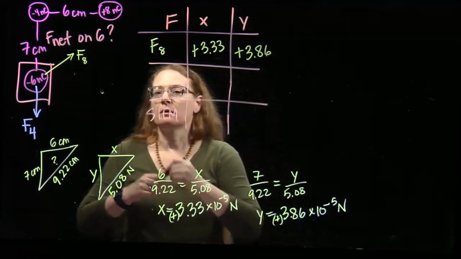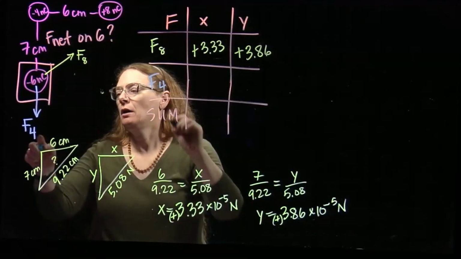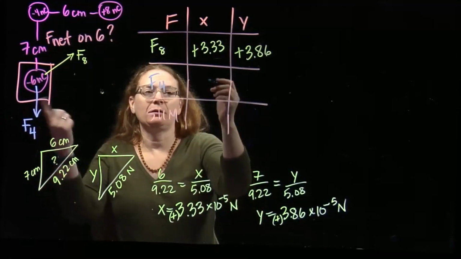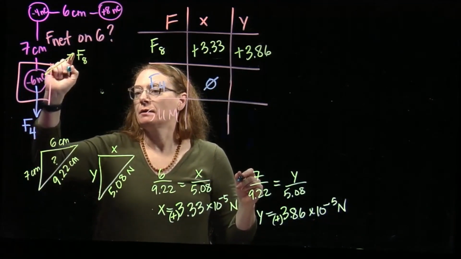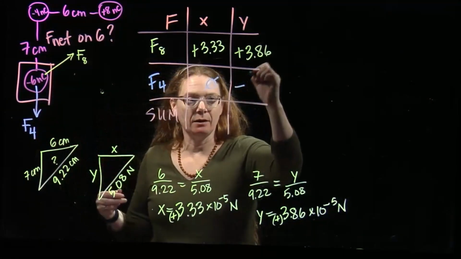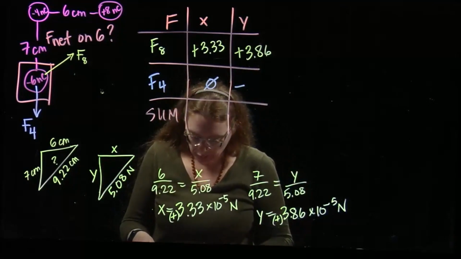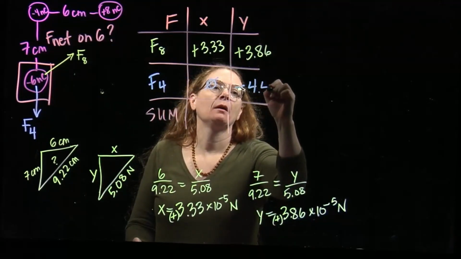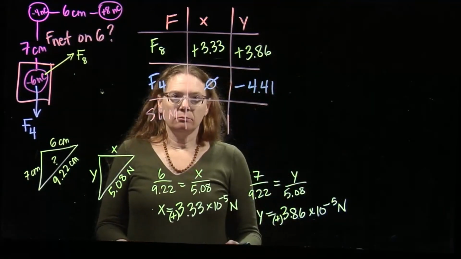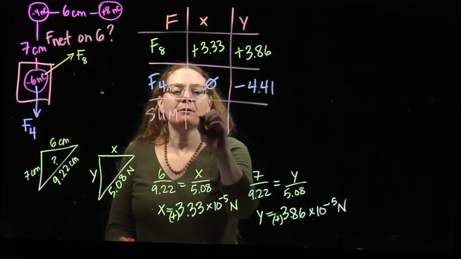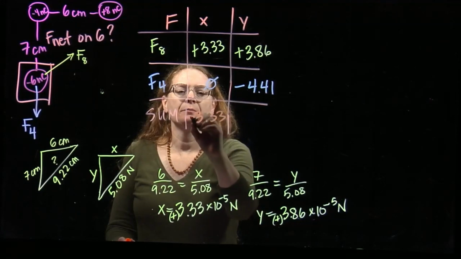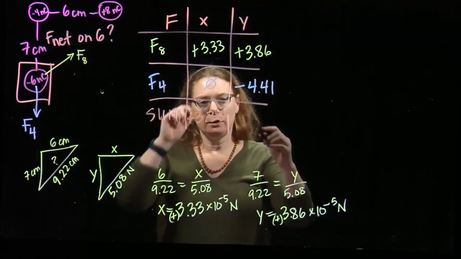In the other force, we've got left, right, there's nothing. And all of that force is downward in the negative y direction. I think that was 4.41. Yep. All right. So let's add them up. Wow, this is easy. I can do this one in my head. 3.33. Positive. And this one, I don't want to do that in my head.